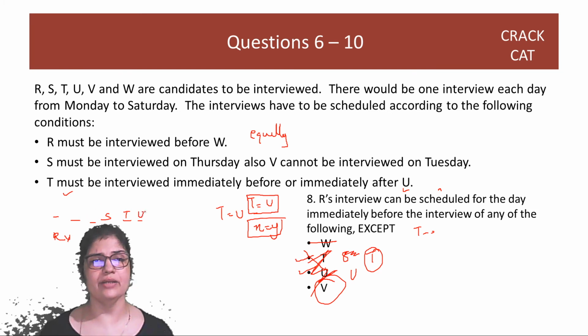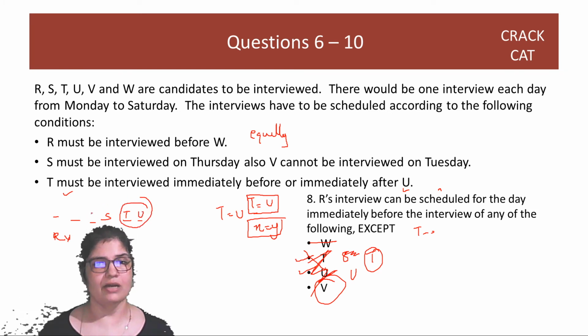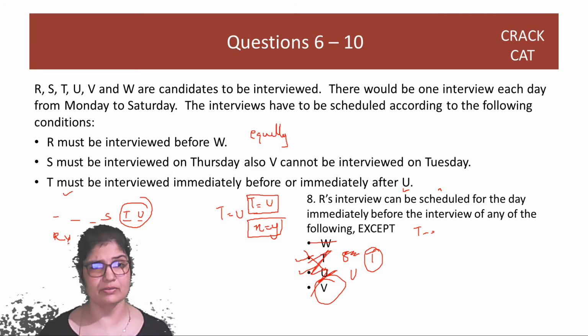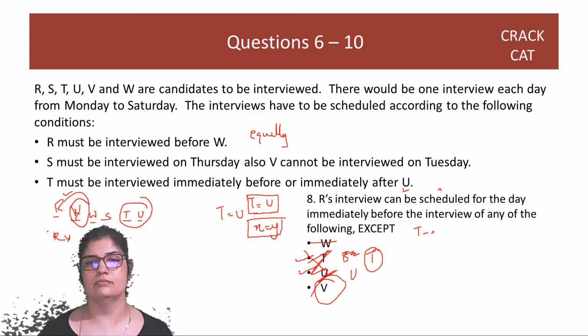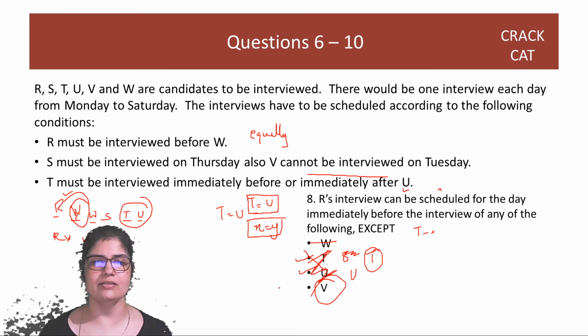Okay, so T and U are here in some order. Now R has to be immediately before some V and also before W. So R has to be on Monday. R cannot be on Tuesday because then W or V will come before R. So R has to be on Monday, which means V is Tuesday. So, and this is not possible. We cannot be interviewed on Tuesday. That's why the answer is V.